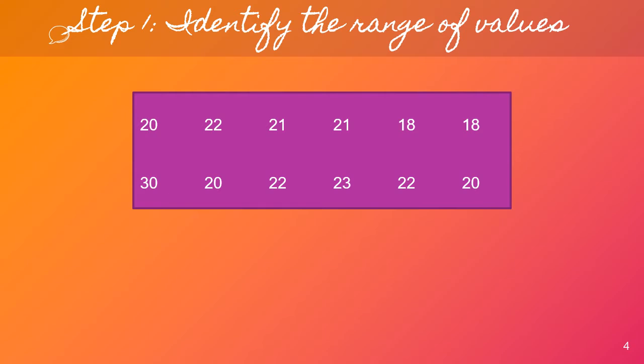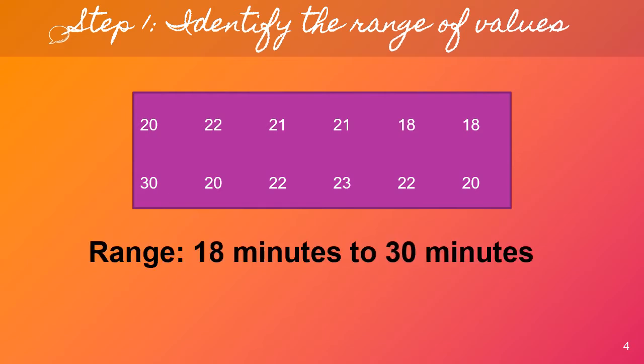The lowest number is 18, then the greatest number is 30. Therefore, the range is 18 minutes to 30 minutes, from the smallest number to the largest number.